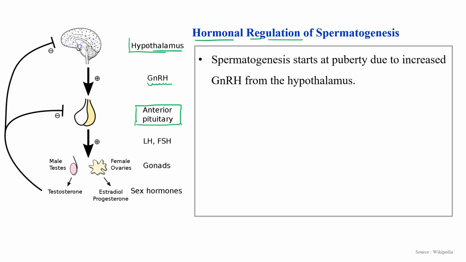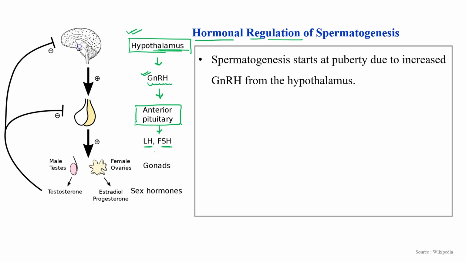So the first signal is generated from the hypothalamus, and then this signal goes towards the anterior pituitary via this hormone, and immediately the anterior pituitary stimulates two other hormones, that is luteinizing hormone and follicle stimulating hormone. Clear? These hormones are involved in the development of the respective gonads.